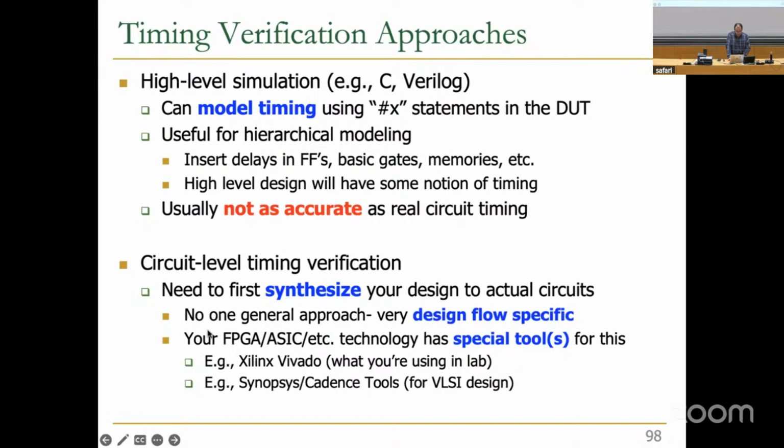But unfortunately there is no one general approach which is very design flow specific. For FPGA, ASIC, etc., technology has special tools for this. For example, Xilinx Vivado, what we are using for the lab, is actually for FPGAs. For ASIC, for example, we have Synopsys or Cadence tools. These are different companies, and that can be used for VLSI designs.